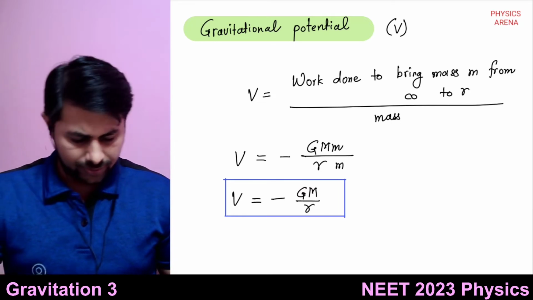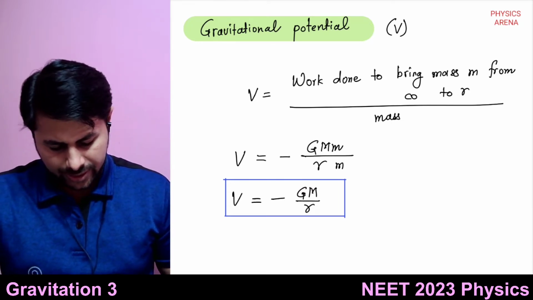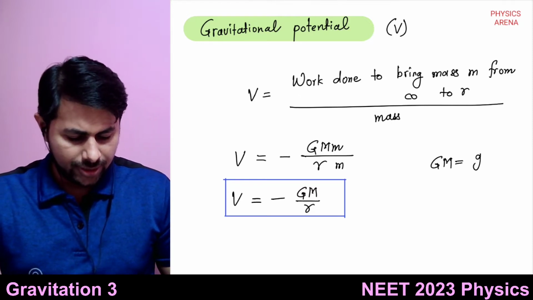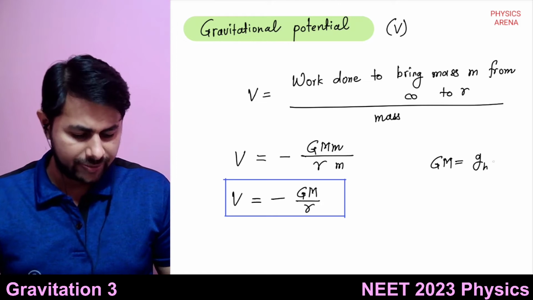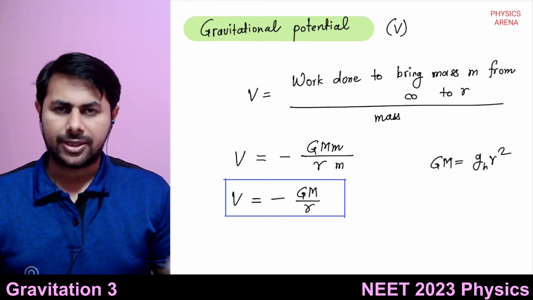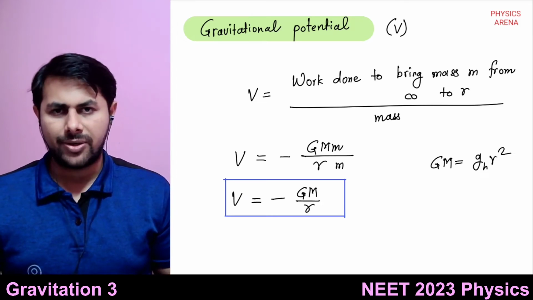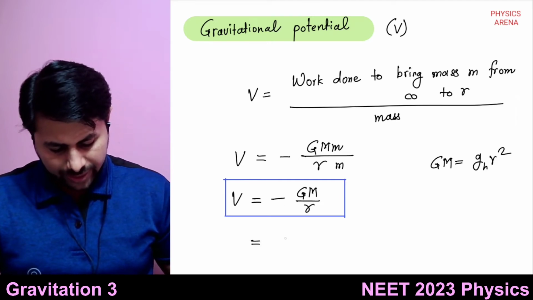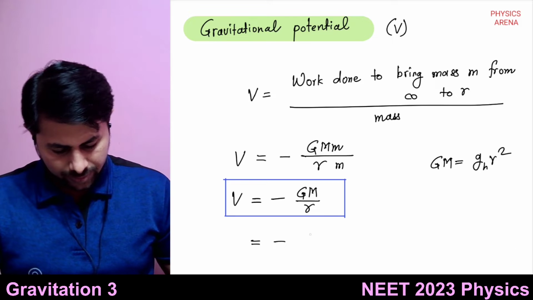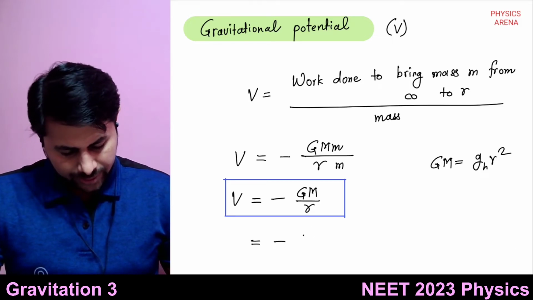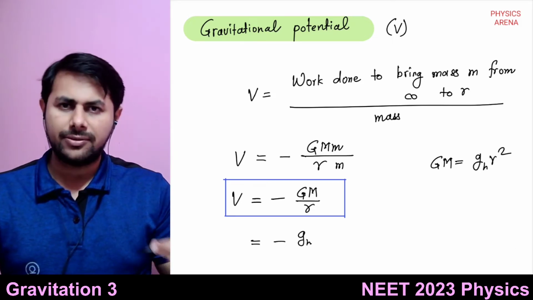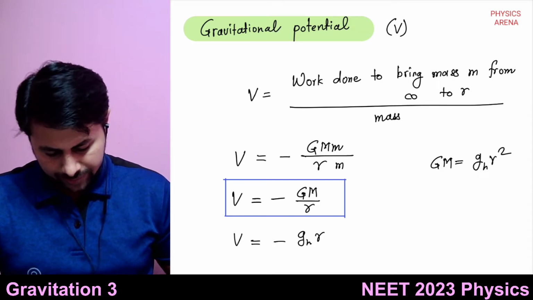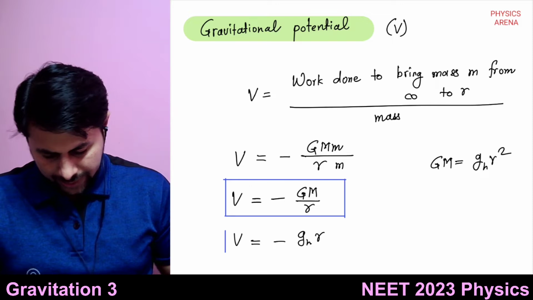Or similarly, we can make use of GM equals g_h multiplied by (R plus h) square, or R square, where small r is equal to R plus h. If we substitute that, we get minus of g_h multiplied by r square upon r. So that is g_h into r only, right?